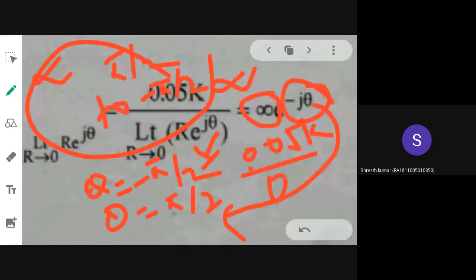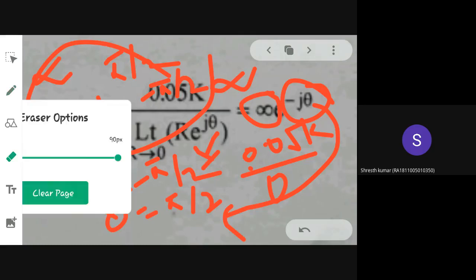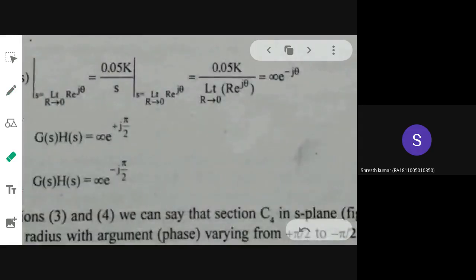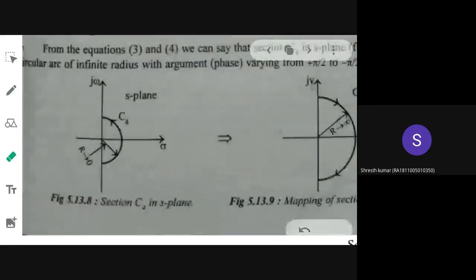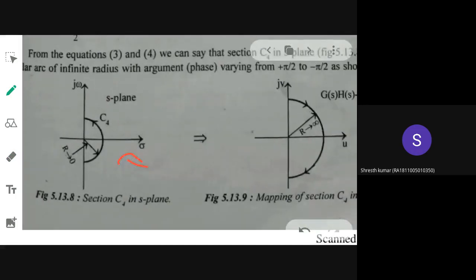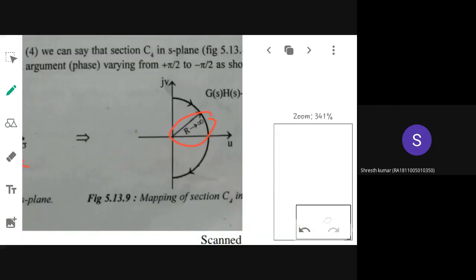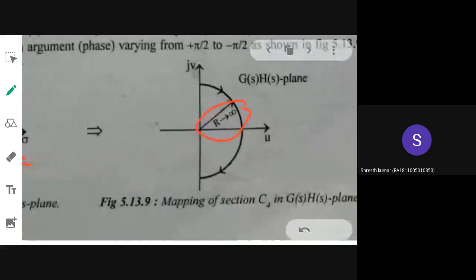And again, if you are considering these two factors, the map will be of infinite radius, and it will be traveling in one arc, a half arc only. So let's see how the map is being done. This was the original segment for which, as I already told you, the map's radius is now infinity, and it is covering the entire right half.